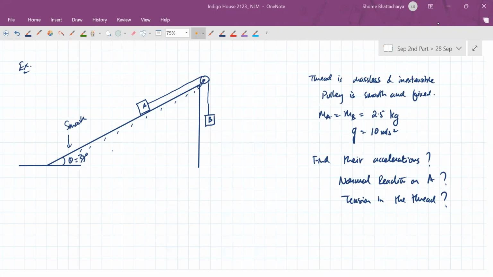Okay, I'll just put up the answers. So you will get the acceleration as 2 meters per second square. And therefore you will get the tension as 20 newtons.